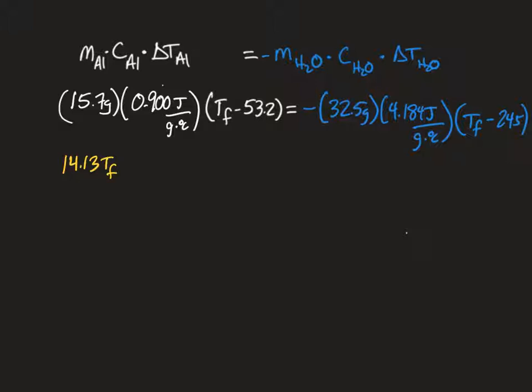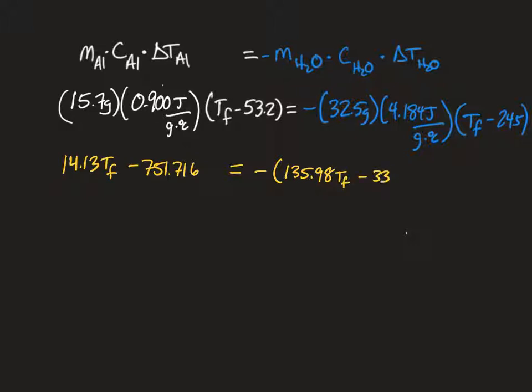And so the rest of this is just simply working out the math and making sure you distribute everything through the T final minus 53.2 on the left side and distributing everything through the T final minus 24.5 on the right side. Don't lose track of that negative sign.